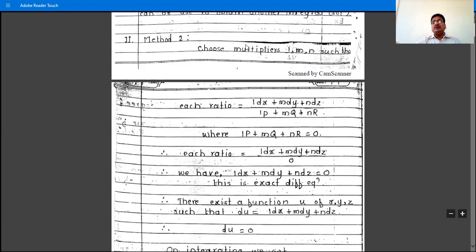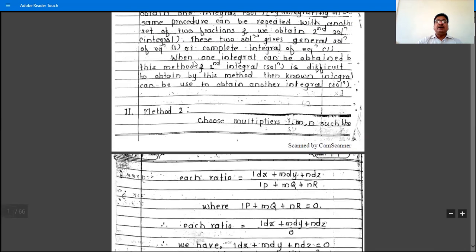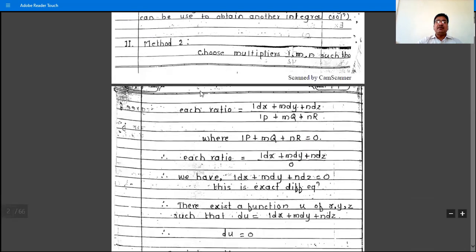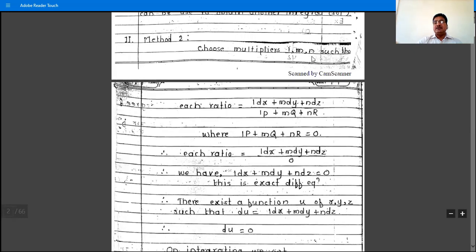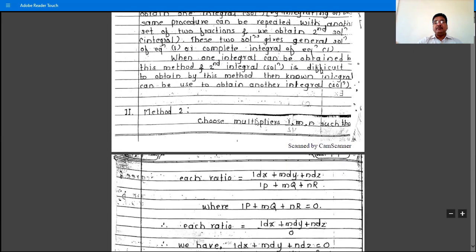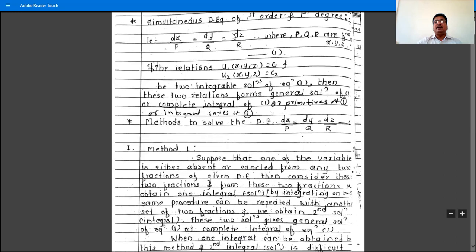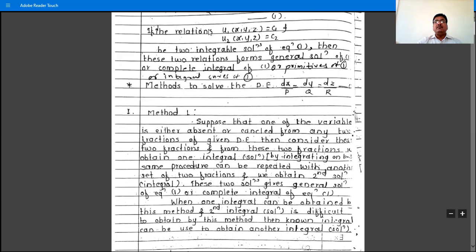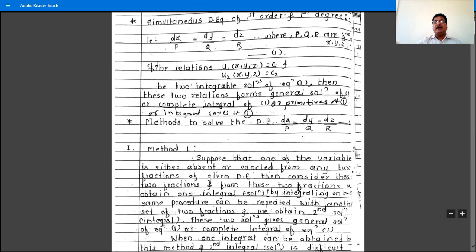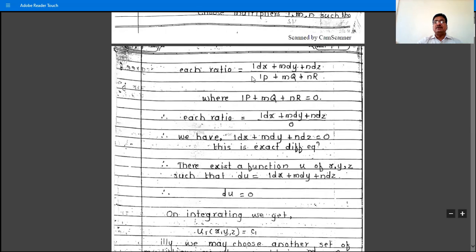And method number two: if method number one fails, then apply method number two. That is, choose multipliers L, M, N such that each ratio is equal to L dx plus M dy plus N dz divided by LP plus MQ plus NR.